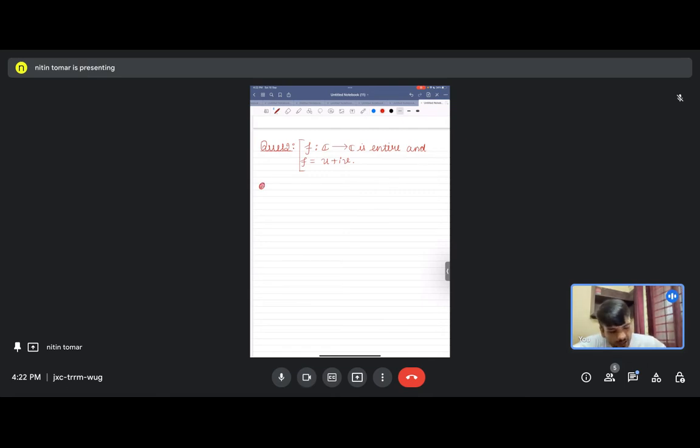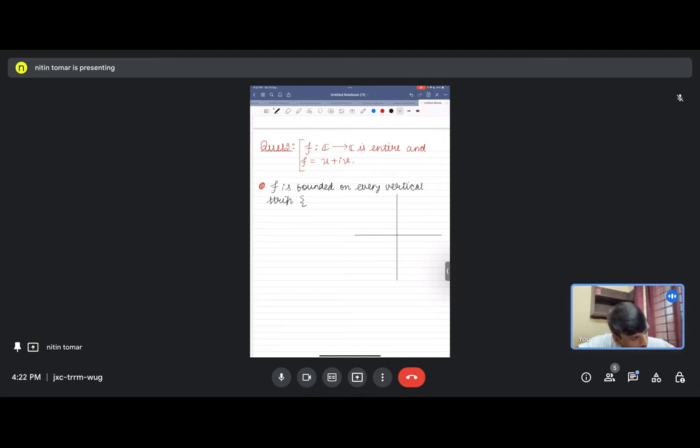It has been given that f is bounded on every vertical strip. So how does a vertical strip look? When we say vertical strip, what comes to your mind?